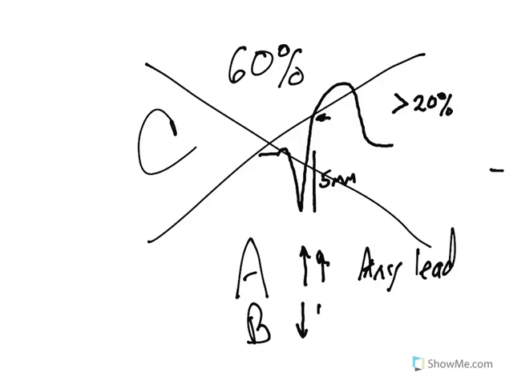Sgarbossa B is concordant ST depression in V1, V2, V3, or V4. Any one of those. Okay? Any one of those. All right, I hope that clears it up. All my best.